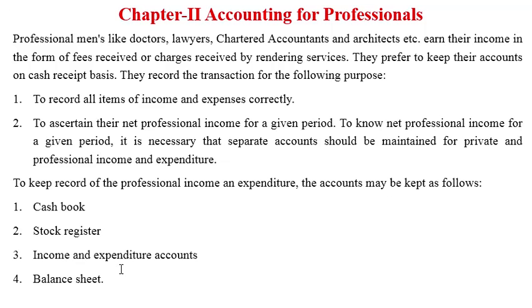The cash book and stock register are prepared when there is a need to know the cash balance and the stock, like a working note. But the income and expenditure account and the balance sheet will be prepared under accounting for professionals.